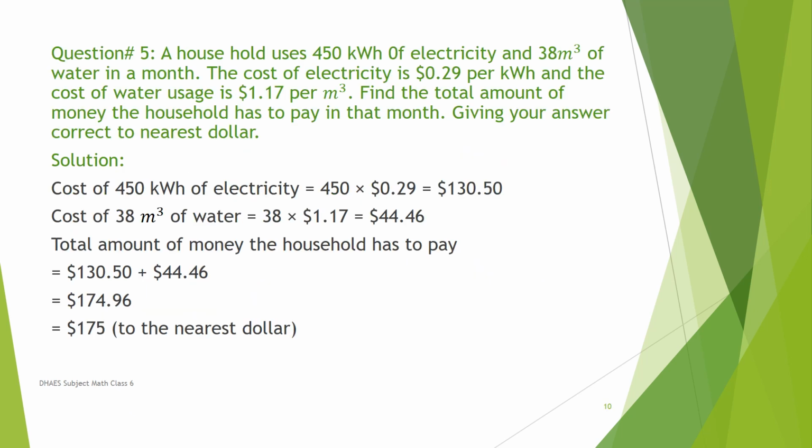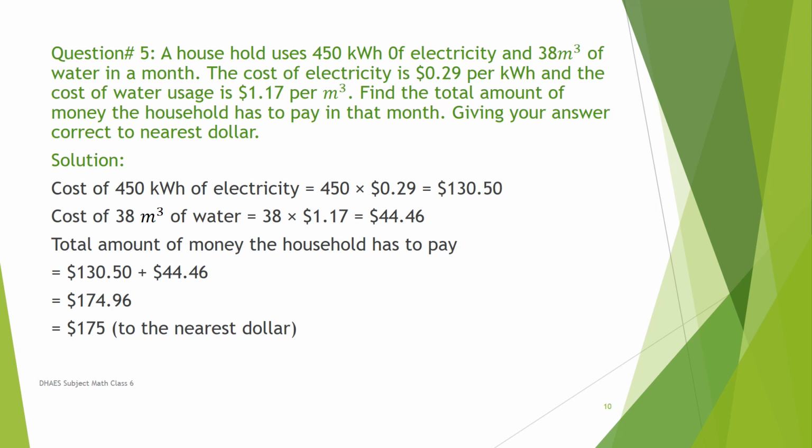Question number 5. A household uses 450 kilowatt hours of electricity and 38 meter cube of water in a month. The cost of electricity is $0.29 per kilowatt hour and the cost of water usage is $1.17 per meter cube. Find the total amount of money the household has to pay in that month, giving your answer correct to the nearest dollar.